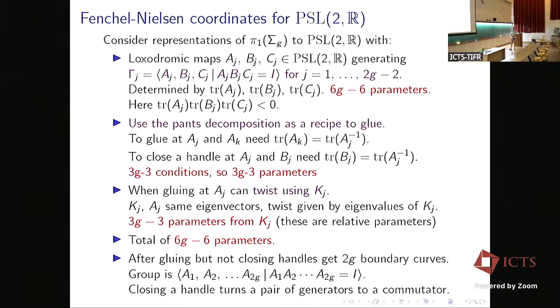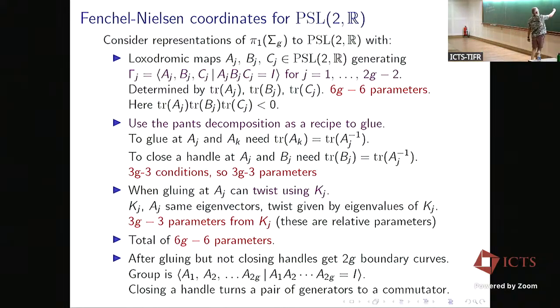And then when I glue, I can twist using this Kj. Now, Kj is a map that has the same eigenvectors as AJ, and then I have the twist parameters, which come from the eigenvalues of K. And I'm going to just use a convention here, so let's actually write this down, because I didn't put it on the slide.